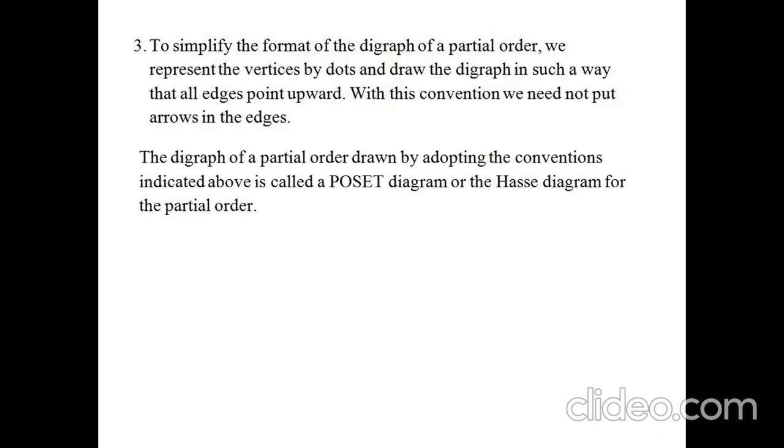The digraph of a partial order drawn by adopting the conventions indicated above is called a poset diagram or the Hasse diagram for the partial order. So when we take care of these three conditions and draw with all these conventions, the digraph of the partial order is called the poset diagram or the Hasse diagram.